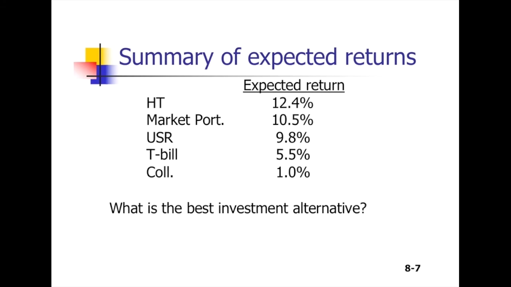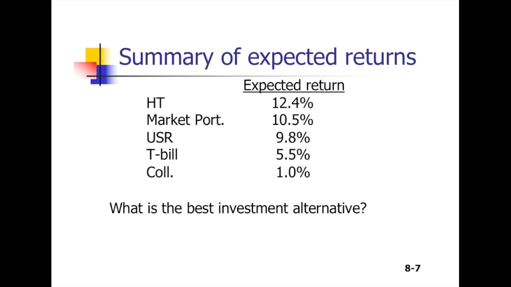So this slide shows the summary of expected return of 5 financial assets: high-tech company stock, market portfolio, US leveraged stock, T-bill, which is kind of a risk-free bond, right? And collection agency. And what is the best investment alternative?